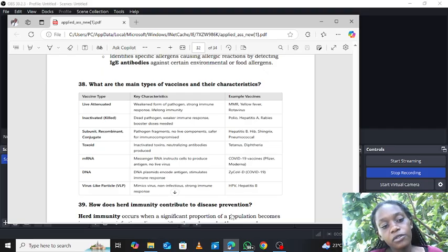The first one is live attenuated, which is characterized by a weakened form of the pathogen, a stronger immune response, and lifelong immunity. Examples of live attenuated vaccines are yellow fever and MMR. Next is inactivated or killed, which is a dead pathogen, with a weak immune response and booster doses needed.